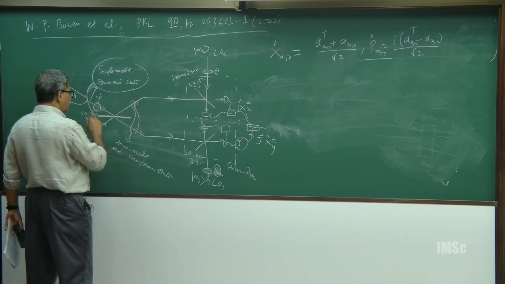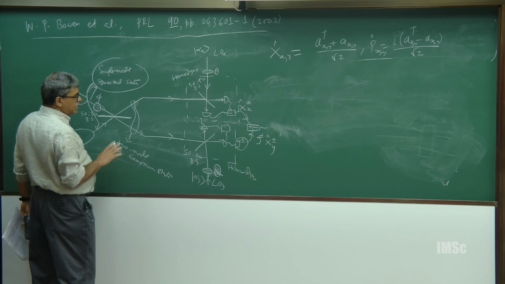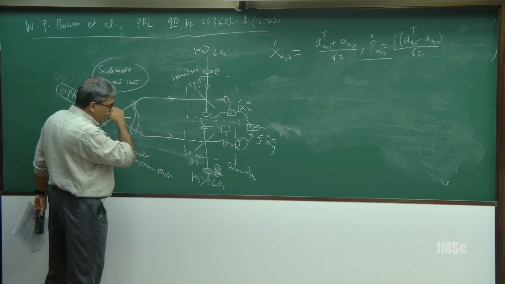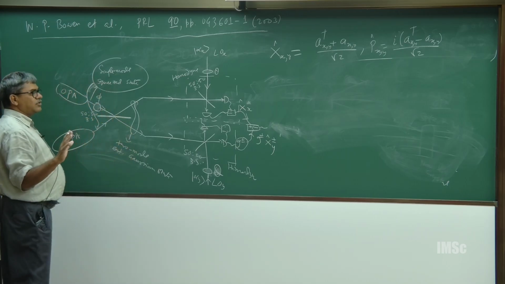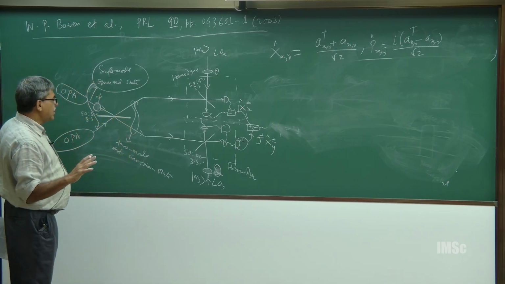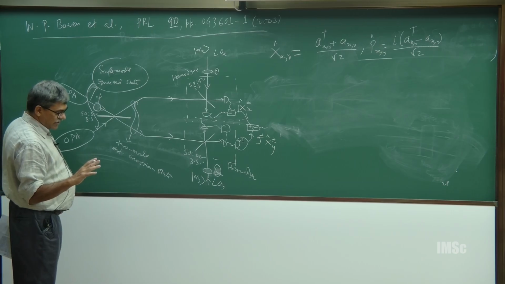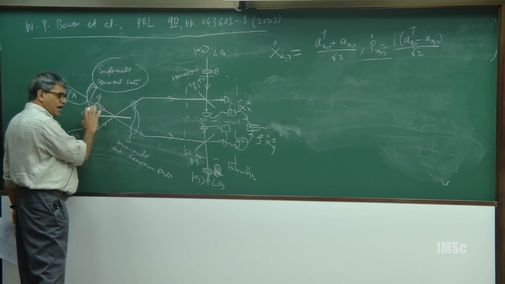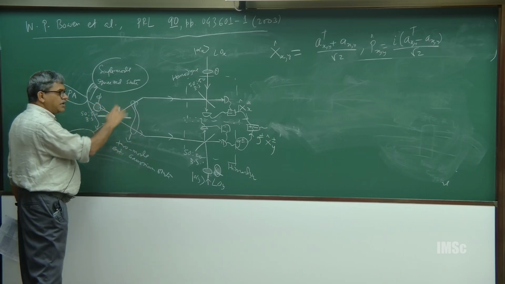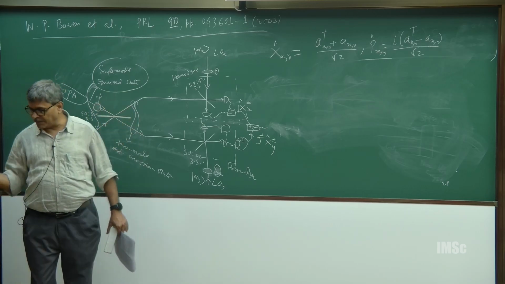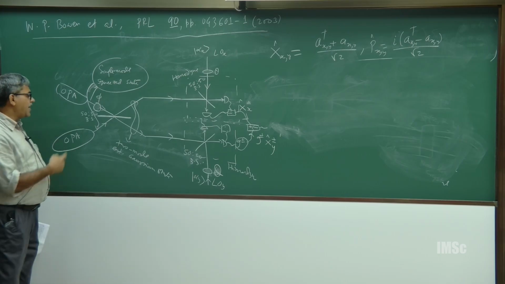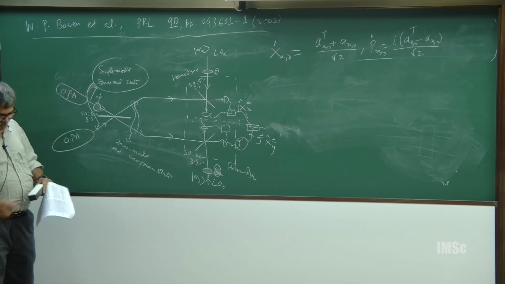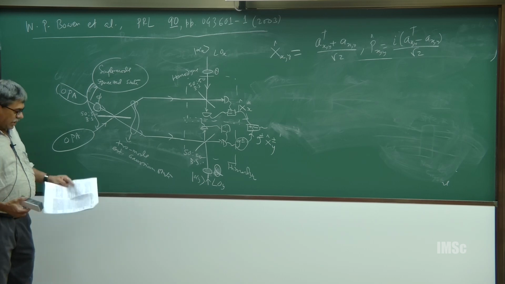But this choice of phi and theta is just to select your class of input states. Like here, by choosing phi you select your class of input two-mode Gaussian states, not just a single one, but you can vary over this parameter. Okay, thank you.